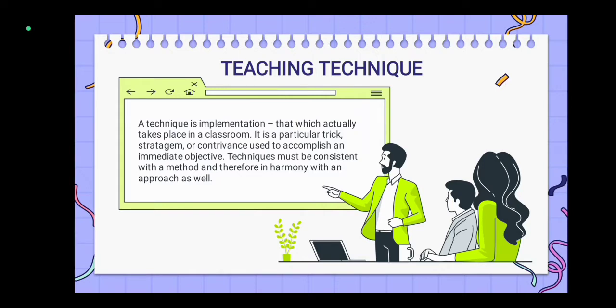It can also be a well-defined procedure used to accomplish a specific activity or task. It is a teacher's particular style or trick used to accomplish an immediate objective.